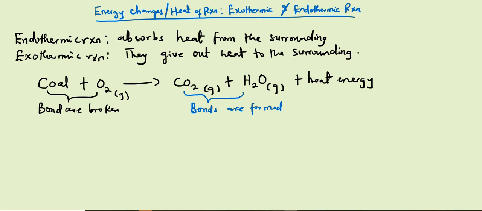It is very important to know that whenever you form or you break bond, energy is involved in this process. When you break bond, it takes energy. Energy is taken in. And when you form bond, energy is released.